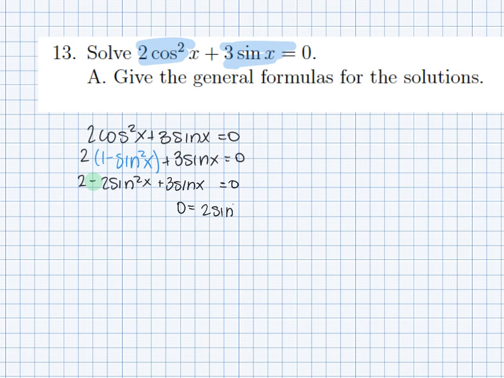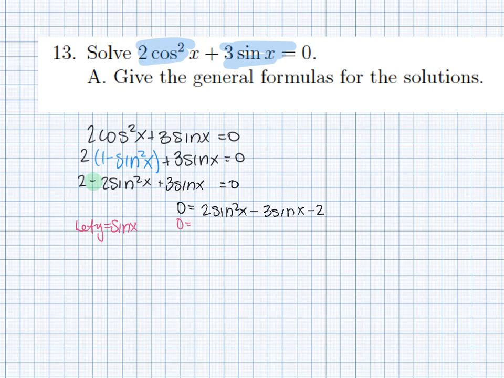So I get 2 sine squared x minus 3 sine x minus 2 is equal to 0. And I can actually factor this as well. But in order to best see how I factor it, I'm going to let y equal sine x. Again, I'm not using x because it's weird to have sine x and x equals that. It gets a little weird mathy-wise.